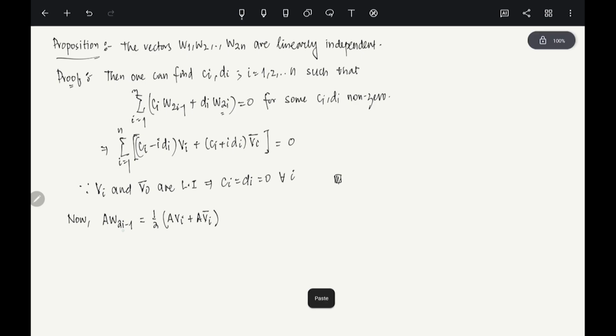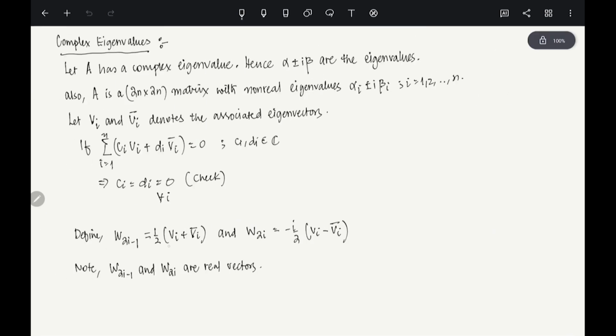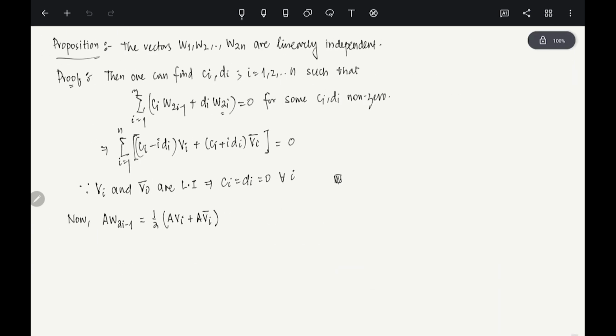W_{2i-1} is nothing but half of (Vi plus Vi bar). A is linear, so I can take it inside. So this is equal to half of (alpha plus i beta) Vi plus (alpha minus i beta) Vi bar.